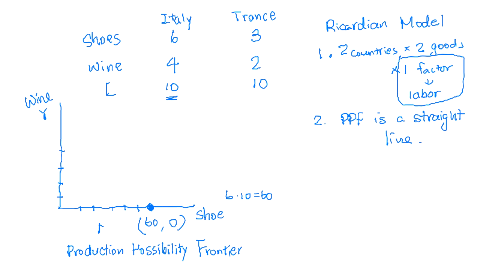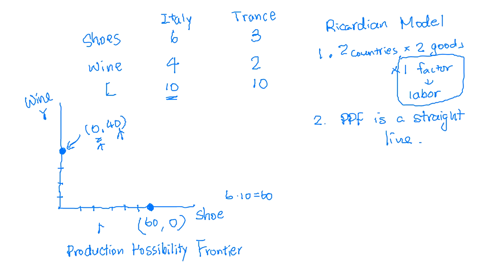That's calculated by 4 times 10. So this point is going to be (0, 40). What does this mean? 0 pairs of shoes and 40 bottles of wine.